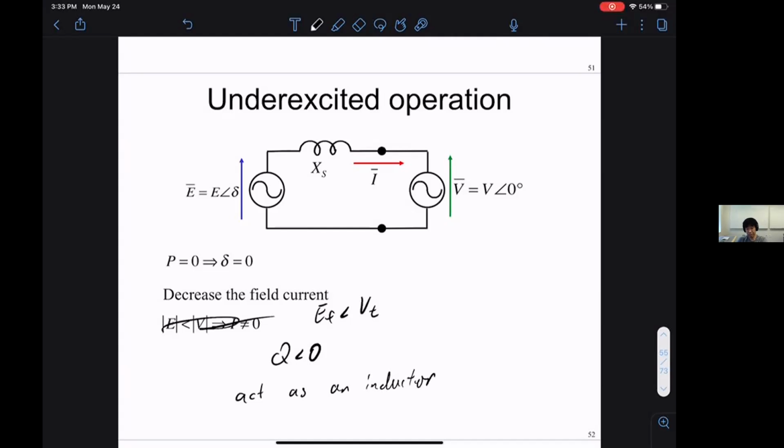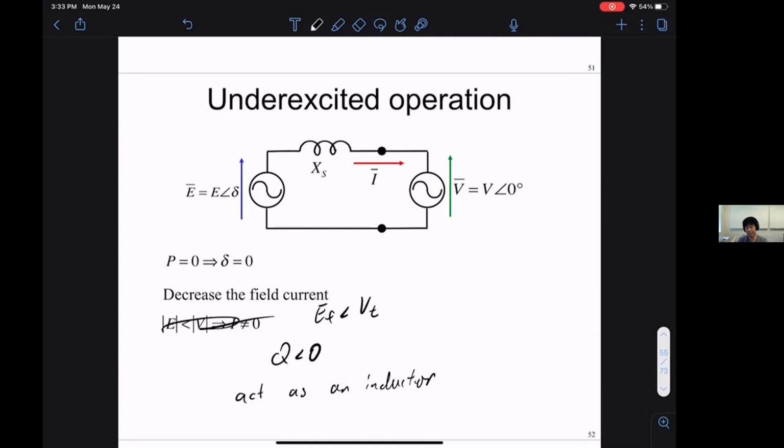Okay, so it's quite flexible. The synchronous generator can operate both as a capacitor or inductor, and can both generate or consume reactive power. P normally is positive, but Q can be positive or negative. Also, given P, you can change your Q. Given active power does not constrain you too much from operating at different reactive powers.